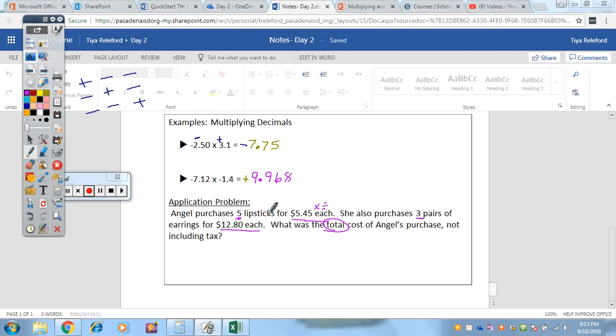I do need to know how much the lipsticks cost and how much the earrings cost for the total. So that's going to be 2 different multiplications. So I have 5 lipsticks for $5.45.